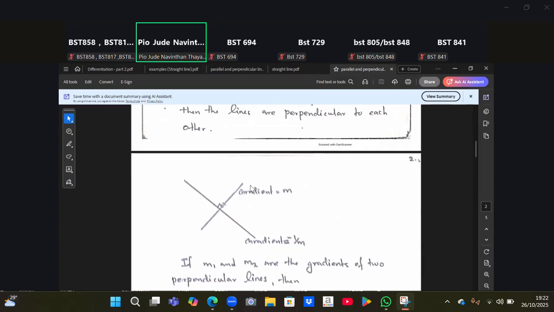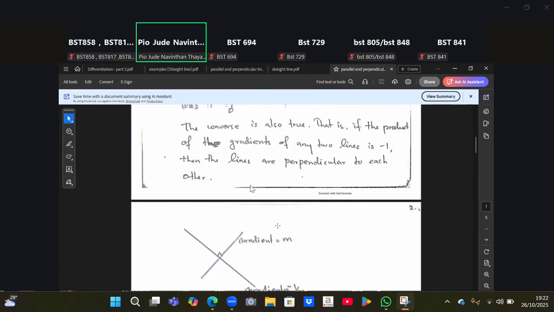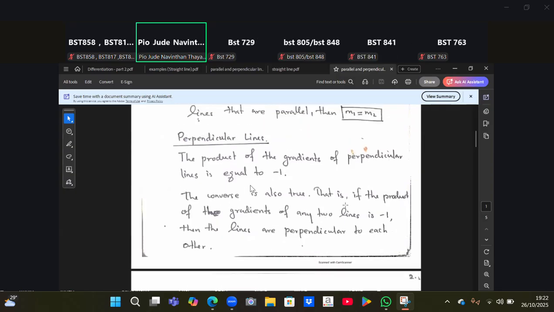At that point of cutting, the angle is 90 degrees. Then if the gradient of this line is m, the gradient of the other line is 1 over m with a minus sign.